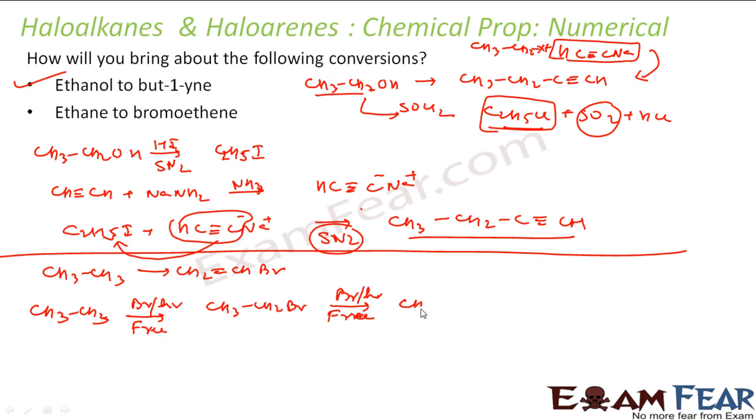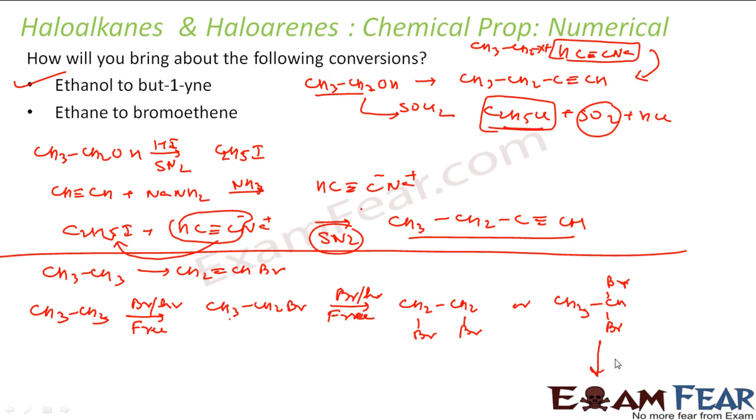So what we'll get is 2 products. Either it can replace this hydrogen or this hydrogen. If it replaces this hydrogen, you get this product, or if it replaces this hydrogen, you get CH3CHBr2. Now what I have to do is dehydrohalogenation.